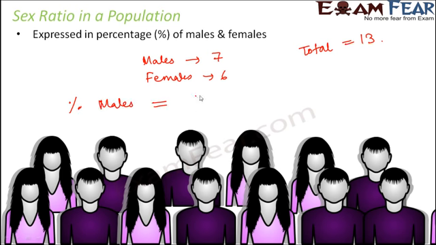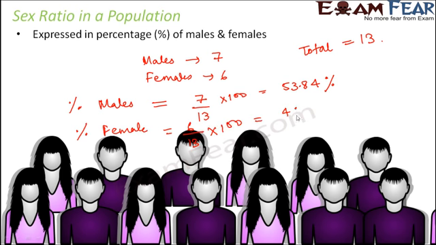That would be 7 out of 13 into 100, which comes out to be 53.84%. Similarly, if I ask you what percentage of the population is female, that would be 6 divided by 13 into 100, which comes out to be 46.15%. So we can say that 46.15% of the population is female and 53.84% of the population is male.